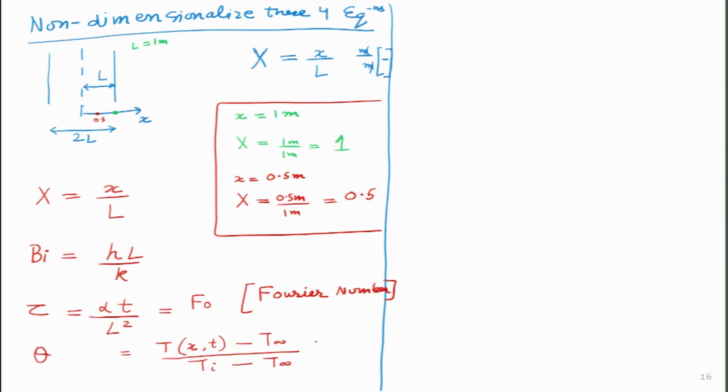Then students can see everything cancels out in terms of units. We have degree centigrade divided by degree centigrade, so what we get is something like this. This is the first step that we have taken. We have gone ahead and non-dimensionalized most of the important parameters.